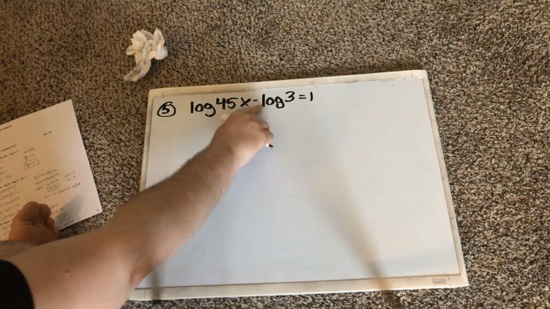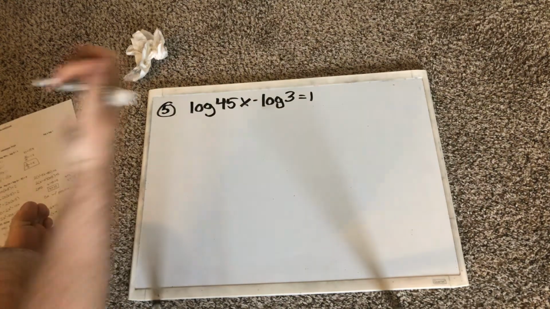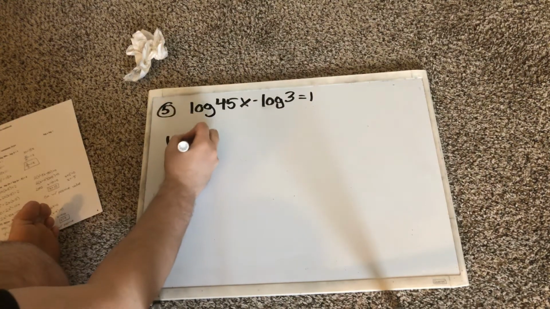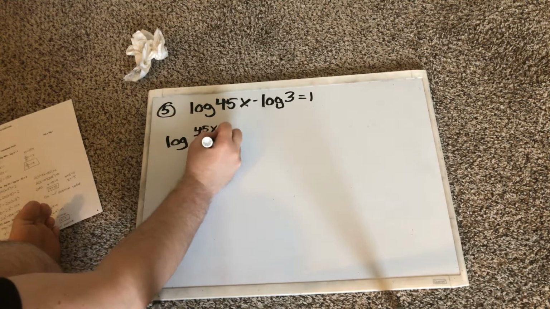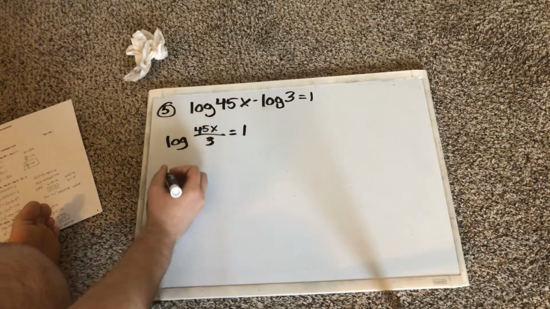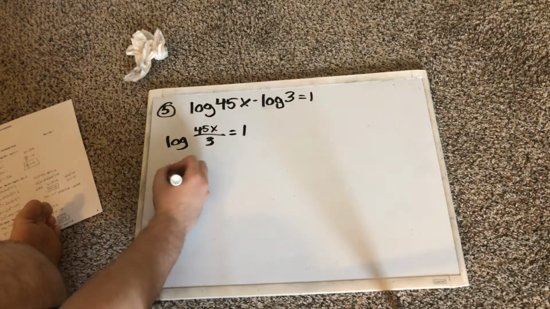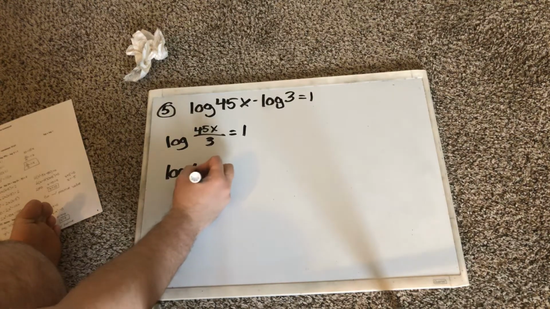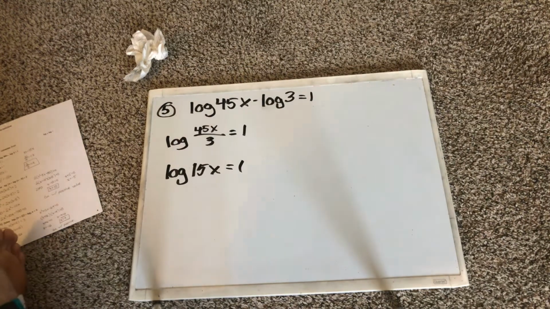I have the subtraction sign. Subtraction means divide. So I have log 45x over 3 is equal to 1. Well, 45x divided by 3 is just 15x. So I have log 15x is equal to 1. Not terrible.